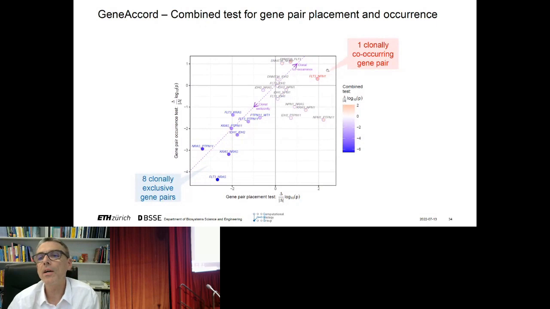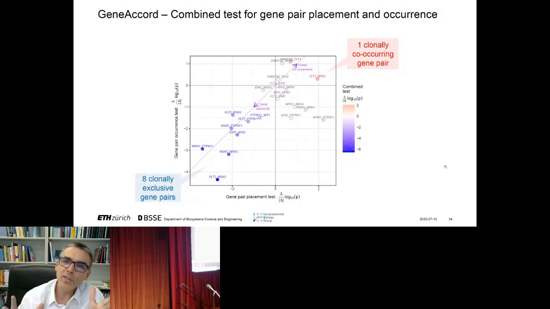On the top right would be genes that we predict to be clonally co-occurring, so they like to occur on the same lineage, and significant was actually only one of these pairs, FLT3 and NPM1. On the bottom left are gene pairs that we predict to be clonally exclusive. They like to be in the same tumor, but they clearly prefer to be on different lineages of that tumor. And this comprises, among the significant results, at least 8 of these pairs.